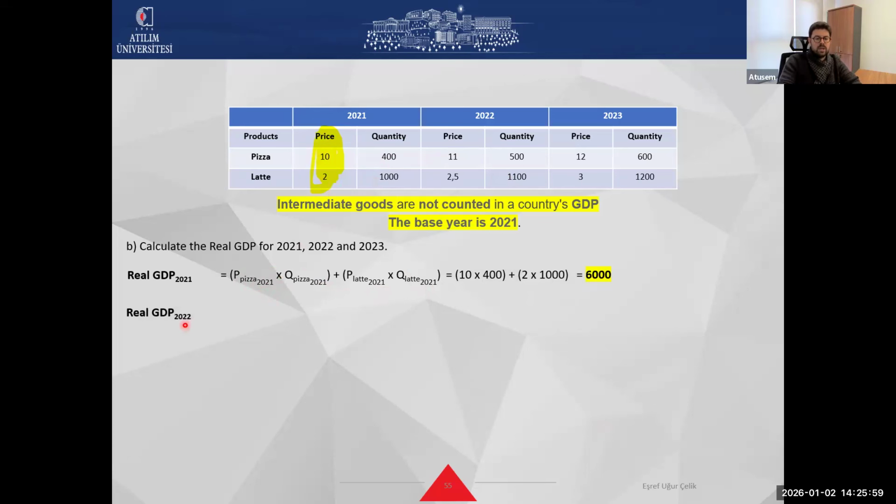What about 2022? This time, 10 multiplied by 500 plus 2 multiplied by 1100. Please look at that part.